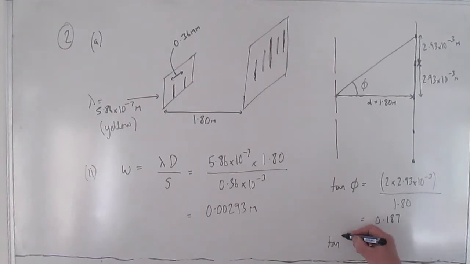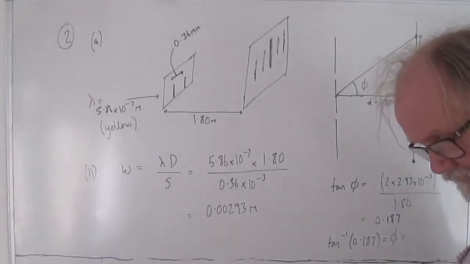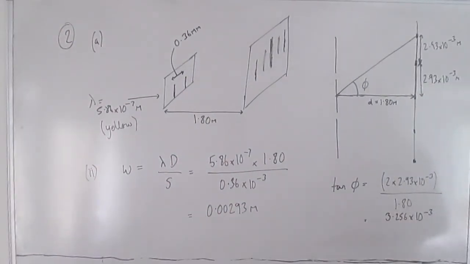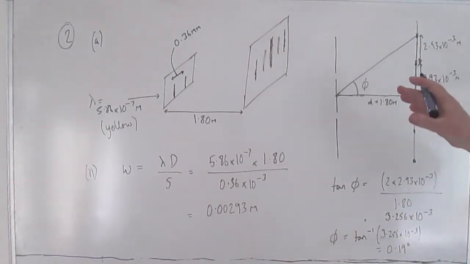And so the inverse tangent of 0.187 will therefore equal phi, which works out as 3.256 times 10 to the minus 3, and so phi is tan to the minus 1 of 3.256 times 10 to the minus 3, which is 0.19 degrees. Okay, so very small angular separation between those fringes.